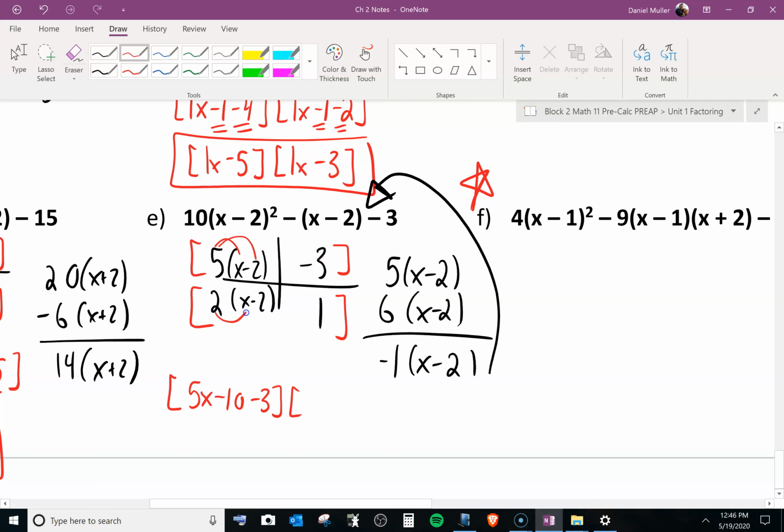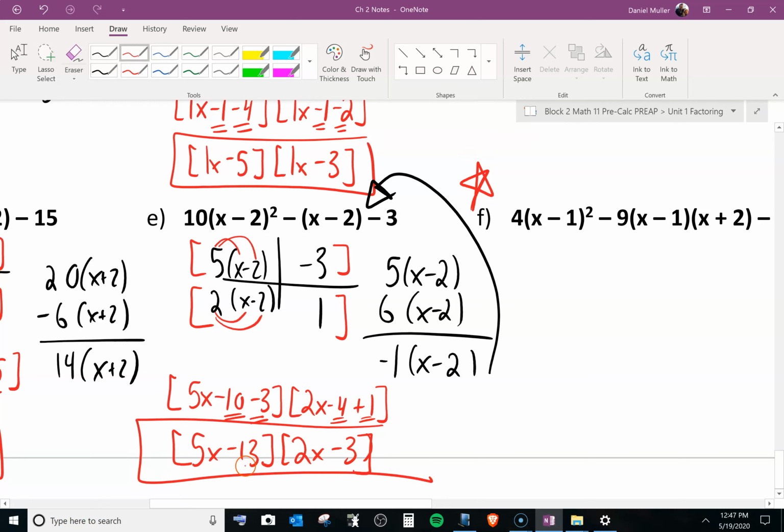And the second one is going to be a 2x minus 4, and then a plus 1. So I have a 5x, negative 10, and negative 3 is negative 13. And the 2x, negative 4 plus 1 is a negative 3 as well. Oh, so this is a negative 13, yeah. Negative 13 and negative 3. Awesome. Okay, so that is the answer.